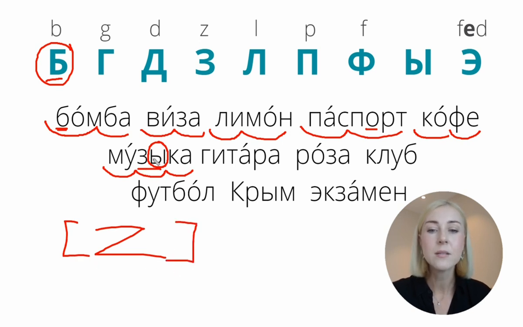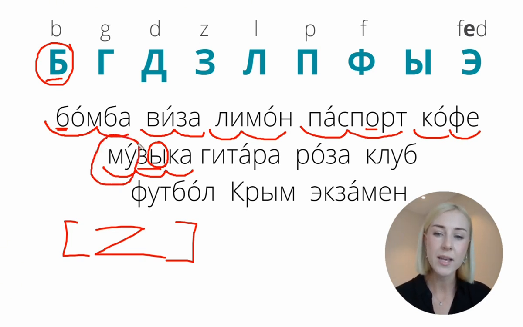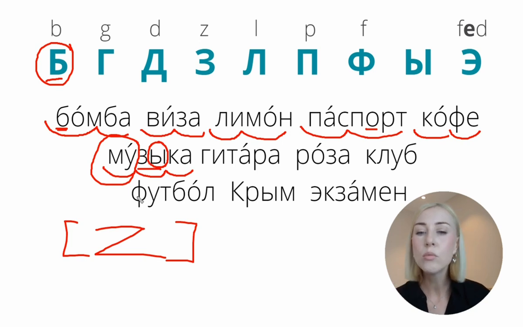Z plus ü, z, musica. If you cannot say musica, and if you say musica, it's okay, don't worry, you will get used to it. Concentrate on the stressed syllable, okay? Musica.